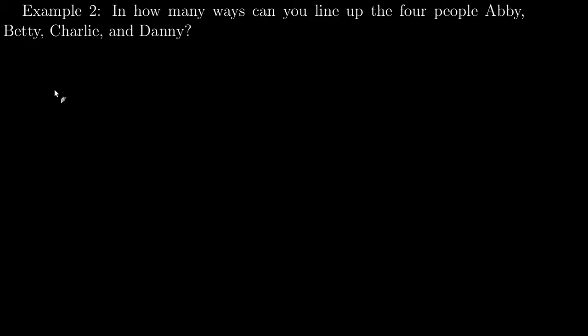So you could do all this work by saying, okay, there are 4 spots in my line, and for the first spot, it could be any one of those 4 people. For the second spot, it could be any one of the 3 remaining people that isn't in front. For the third spot, it could be any of the remaining people that are not in the front too.